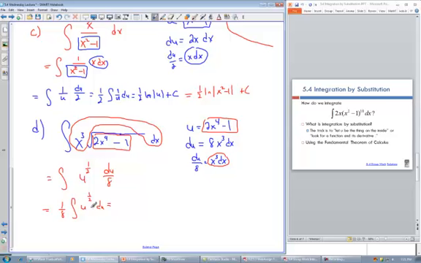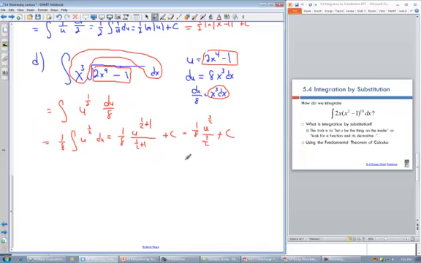And this is just a power of u, so I add 1 and I divide by it. So this is 1/8 u to the 1/2 plus 1 divided by 1/2 plus 1, plus c, which is equal to 1/8 u to the 1/2 plus 1, that's 3/2, right? Half a cup plus 1 cup is 3/2 of a cup, and then divided by 3/2 plus c.